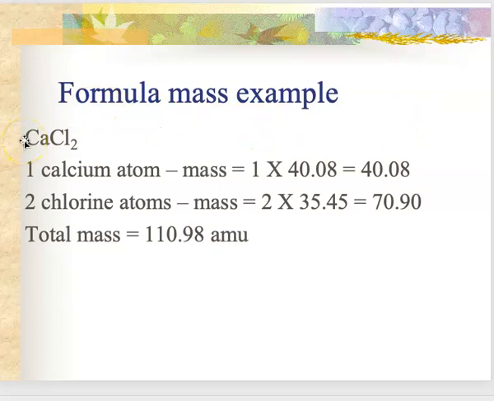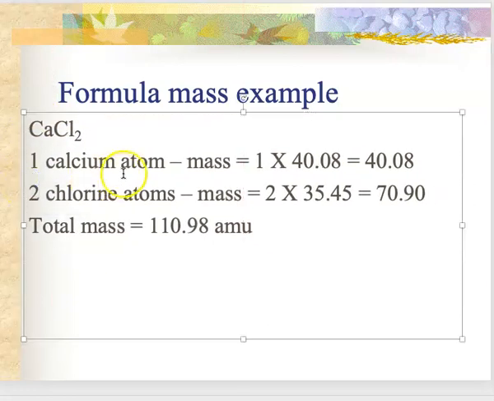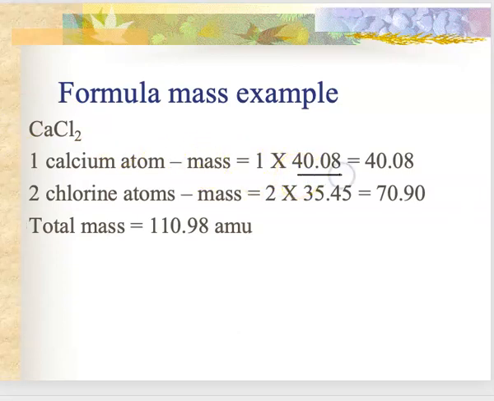So let's take the compound calcium chloride. The formula says there is one calcium ion. If you look on the periodic table, the mass of one calcium ion is 40.08. So 1 times 40.08 is 40.08 for the mass of all the calcium in calcium chloride.